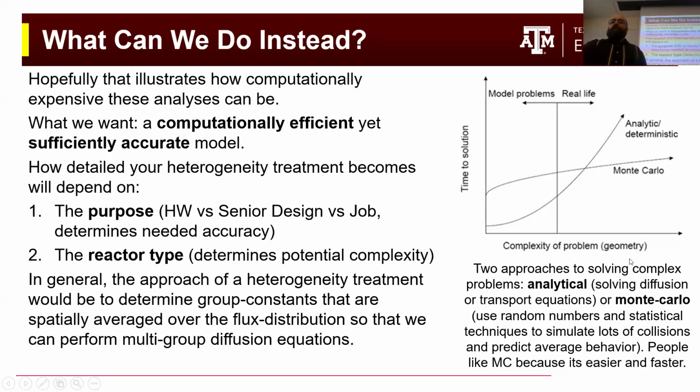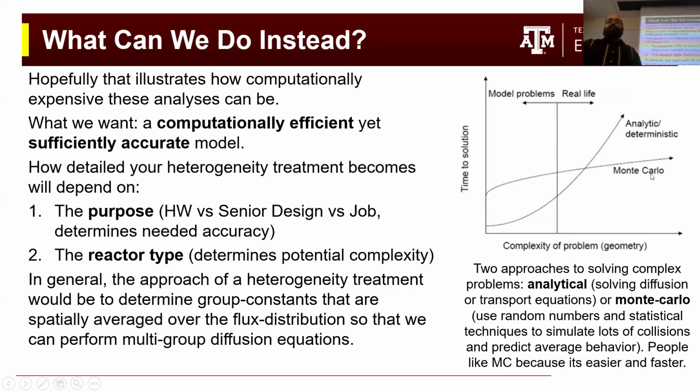When you're solving complex problems, as the complexity of the problem goes to the right, you need more time to solve those problems. At a certain point, the problems get so complicated that doing analytic and deterministic work becomes time prohibitive.